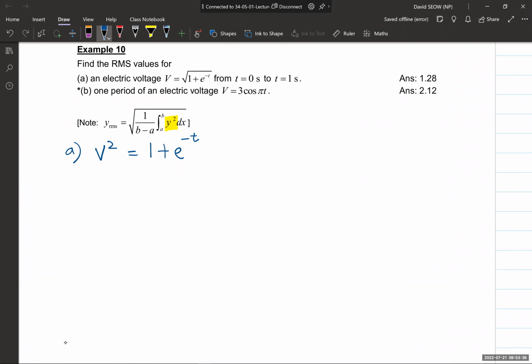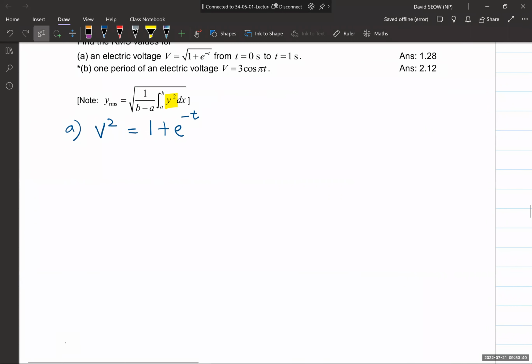Now let's integrate across. My V RMS will then be the square root of 1 over 1 minus 0, the time integral from 0 to 1 of v squared, which is 1 plus e to the power minus t, dt.